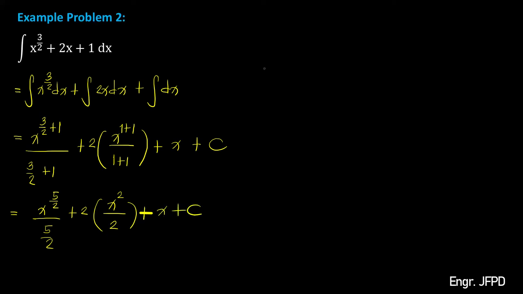Then let's simplify the equation further. For the x raised to 5 halves divided by 5 halves, take note, when we divide a fraction by a fraction, we take the reciprocal of the divisor and proceed to multiplication. From 5 halves, it becomes 2 fifths, multiplied by x raised to 5 halves, and that becomes 2 over 5, x raised to 5 halves.